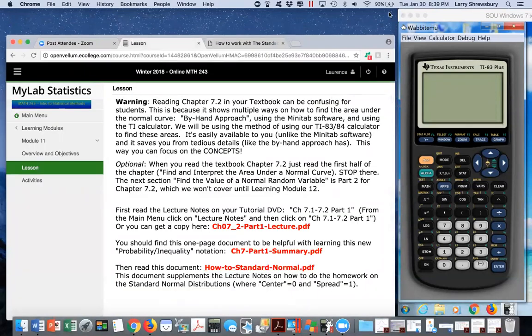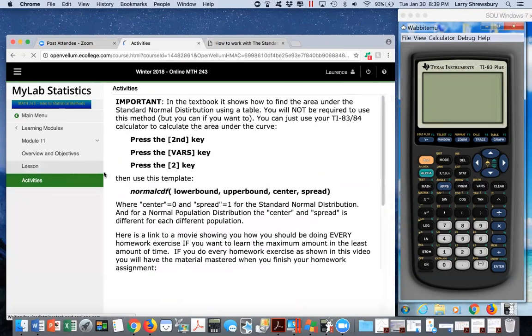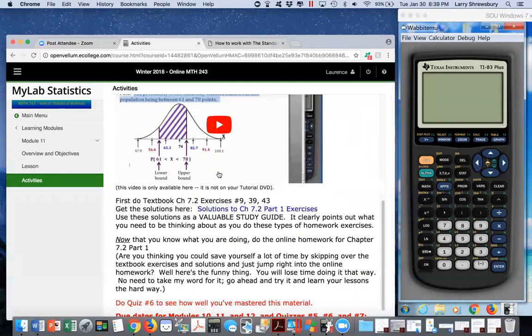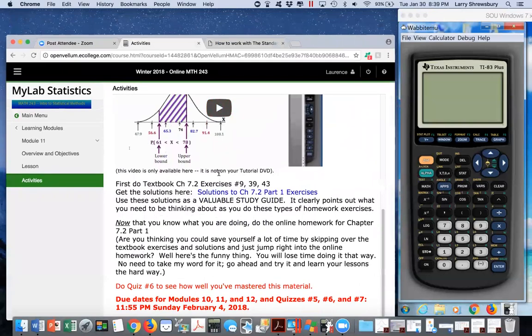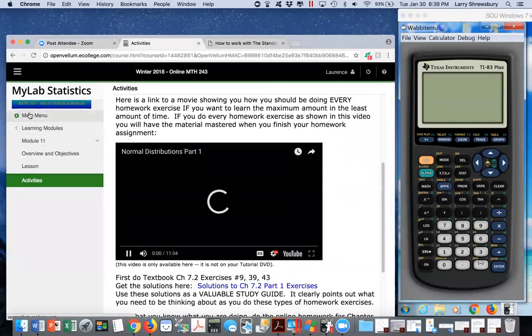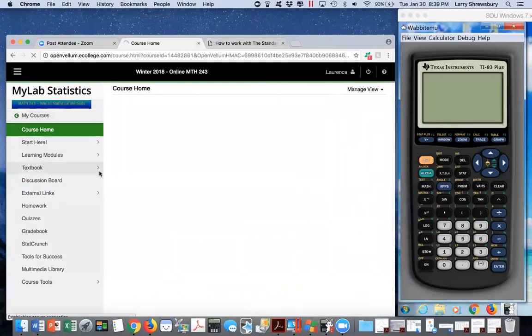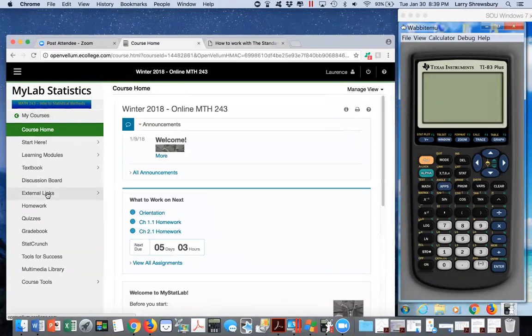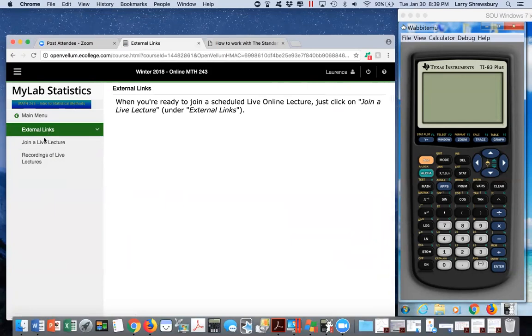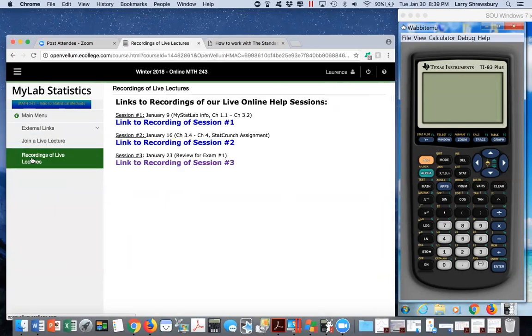That's what you're going to be working on, and I hope you'll use those guides to help you follow all those steps. One other thing I want to show you. I haven't made it visible yet, but I'm going to. When you click on external links, you've got the one to join a session and this one for the links to the recordings.